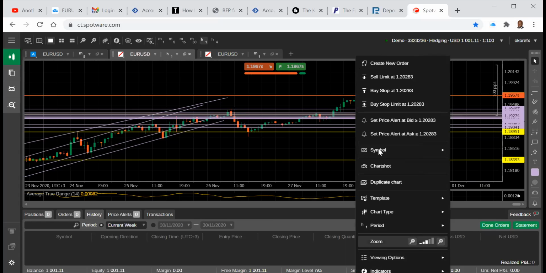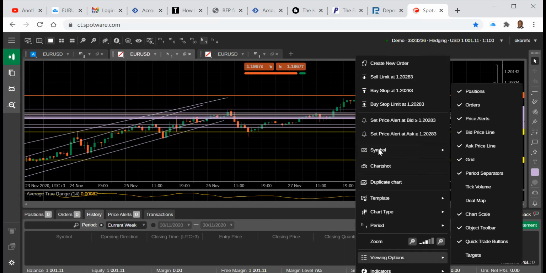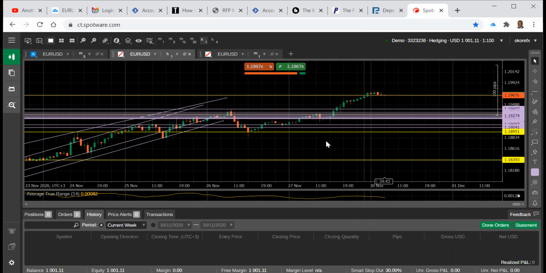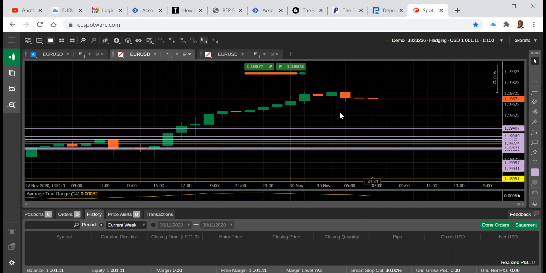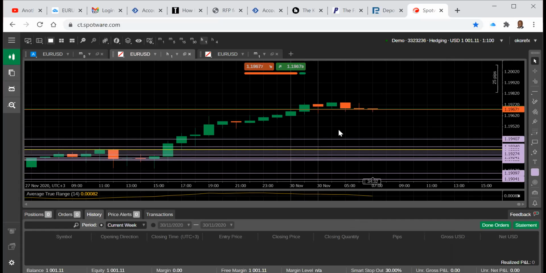Okay, it's kind of messy here. I'm trying to move this thing and it's not opening up for me properly. Okay, anyway.